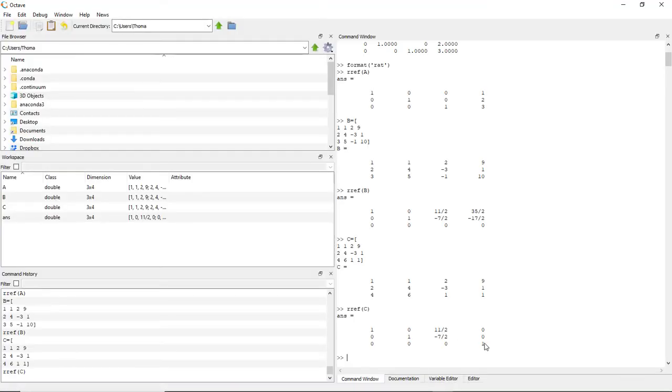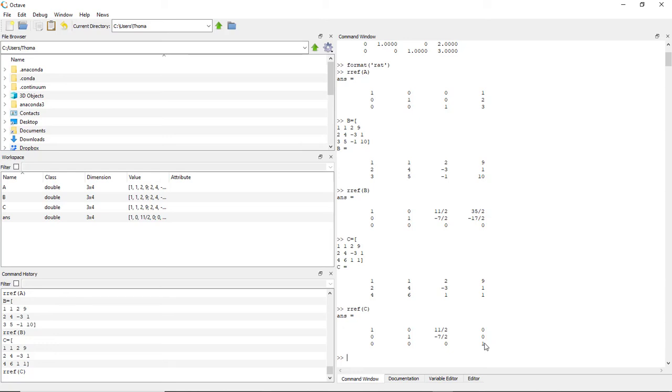So anyway, you can save yourself a lot of trouble by using a software package like Octave, or if you have access to it, MATLAB is great too. MATLAB is a commercial package; you can buy a student version of it for $99, and it's a great package. I recommend it, but you can get Octave for free.